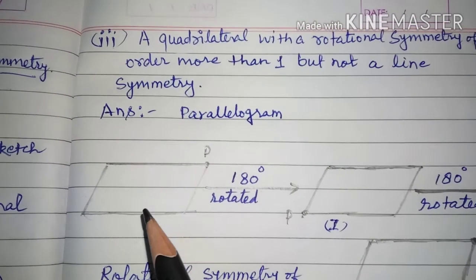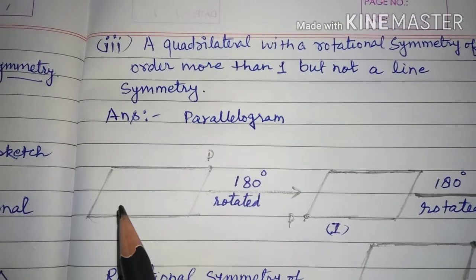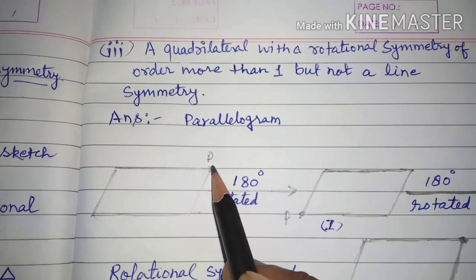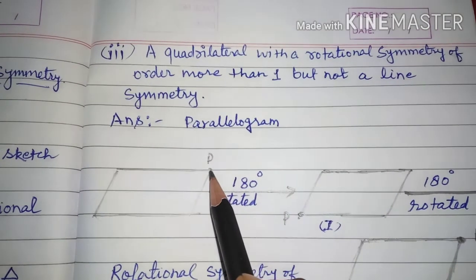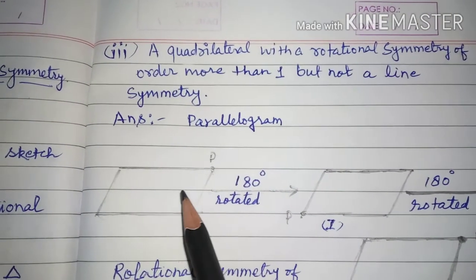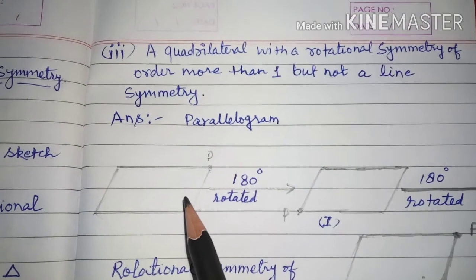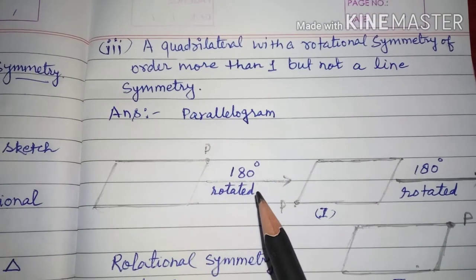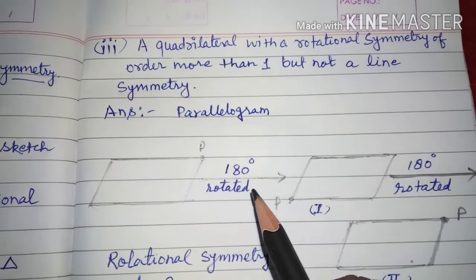So here, in this parallelogram, there is a point P on this vertex. We will rotate this figure 2 times by 180 degrees, and we will get the same shape.